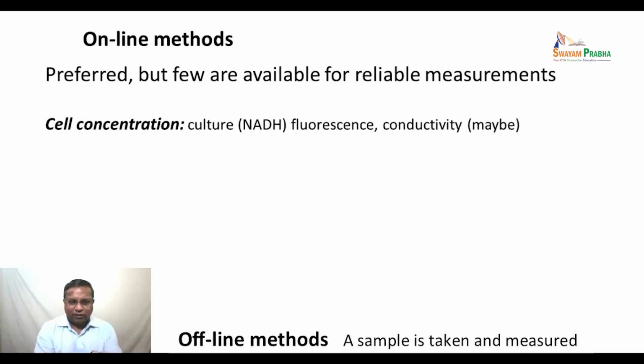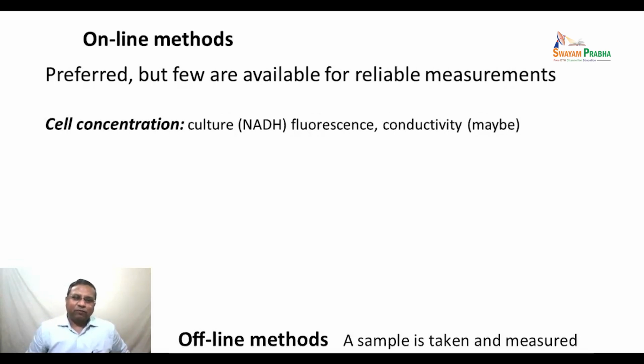And then the emission wavelength at 460 is collected through the same fiber optic probe, taken back to the spectrofluorimeter and measured. This is called an open-ended geometry of measurement. Well, those are the details. The main point here is that the cell concentration can be measured by following the culture fluorescence or the NADH fluorescence.